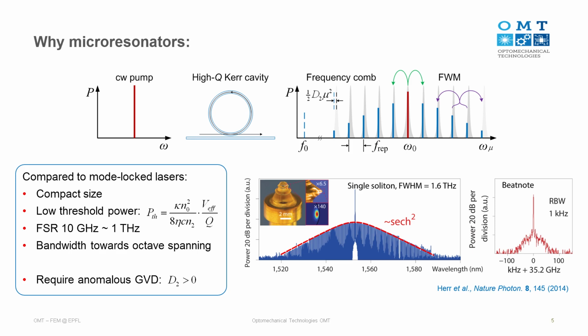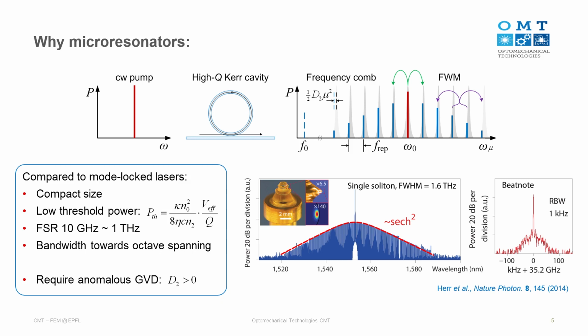This is called a frequency comb generated in the microresonator geometry. Compared with normal mode-locked lasers, microresonators have a compact size and a very low threshold power, because the power scales inversely with the Q factor and also inversely with the effective mode volume, which is very small in the cavity.